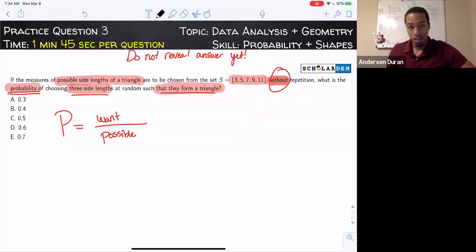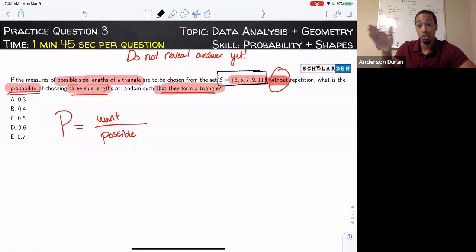When it comes to a problem like this, I understand that those numbers need to form a triangle. And for me to understand which one of those combinations will form a triangle, I'm going to have to list everything out. I have to. If you don't list it out, you can't just guess. This is one of those situations where you actually have to look at the numbers and assess each one.